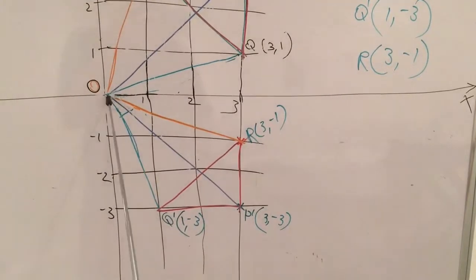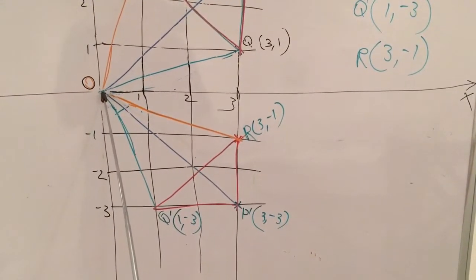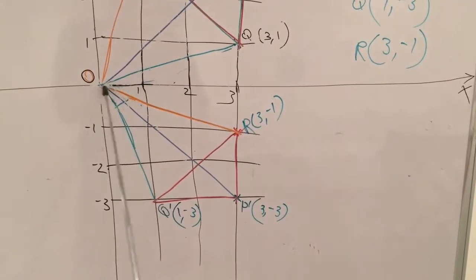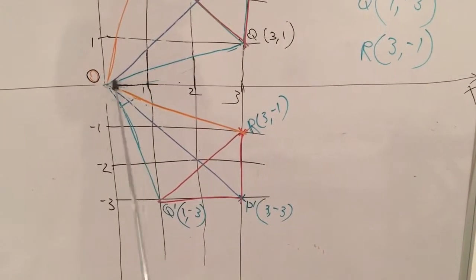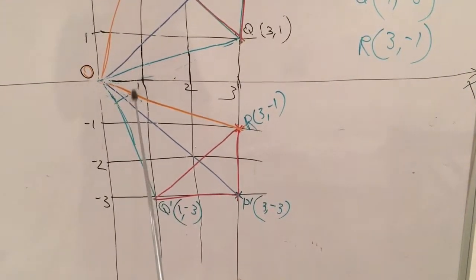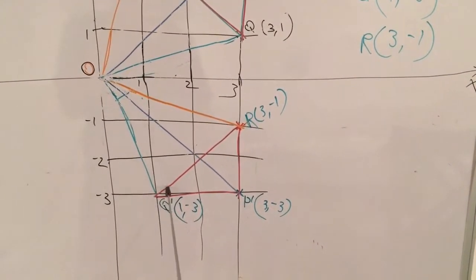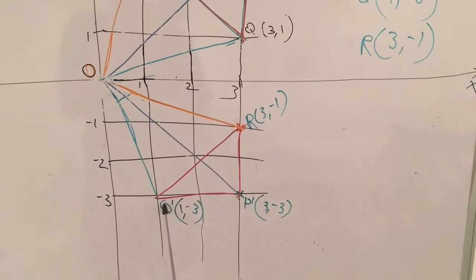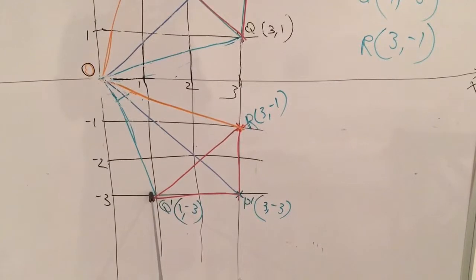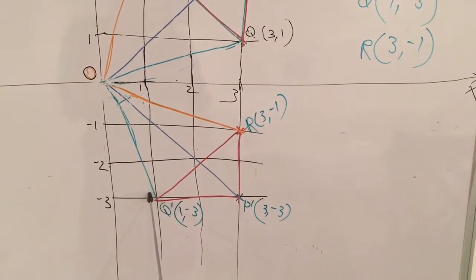So I have this line drawn already. The angle between these two green lines is 90 degrees, okay? So when you rotate Q 90 degrees to the right, you get Q dash.